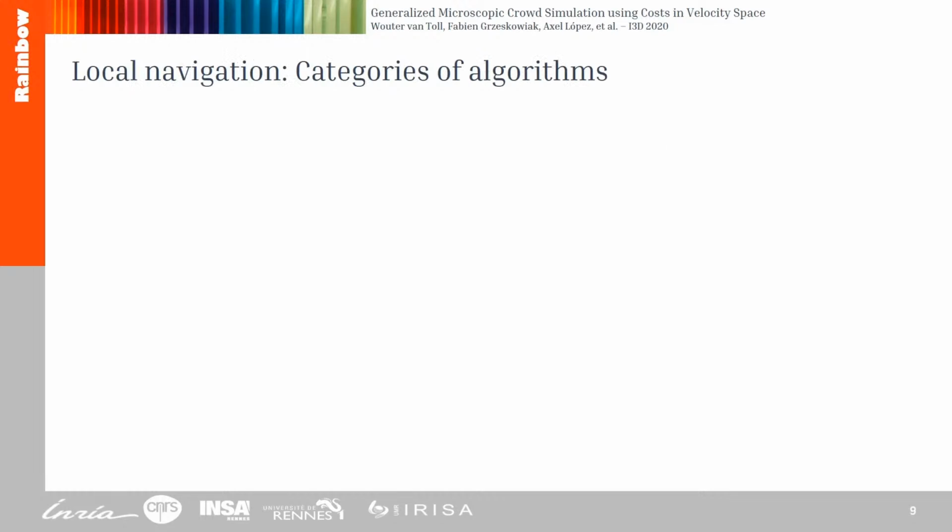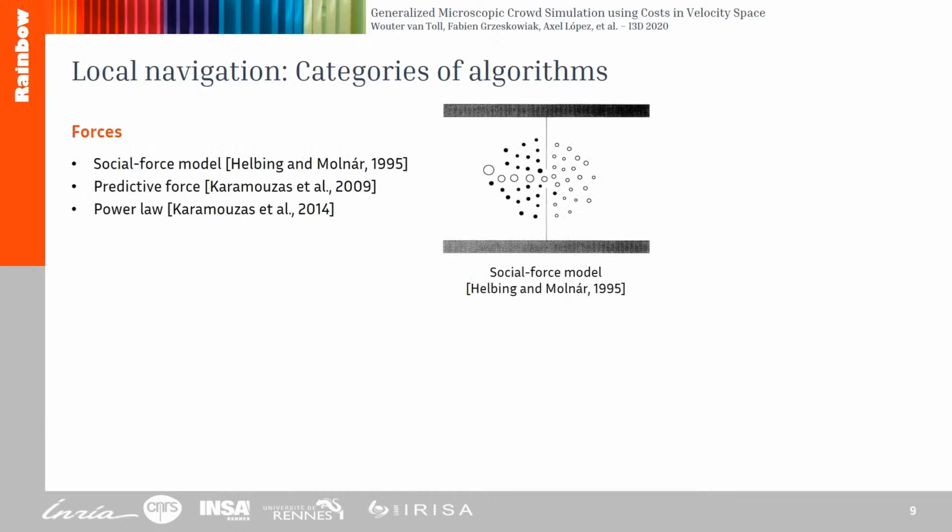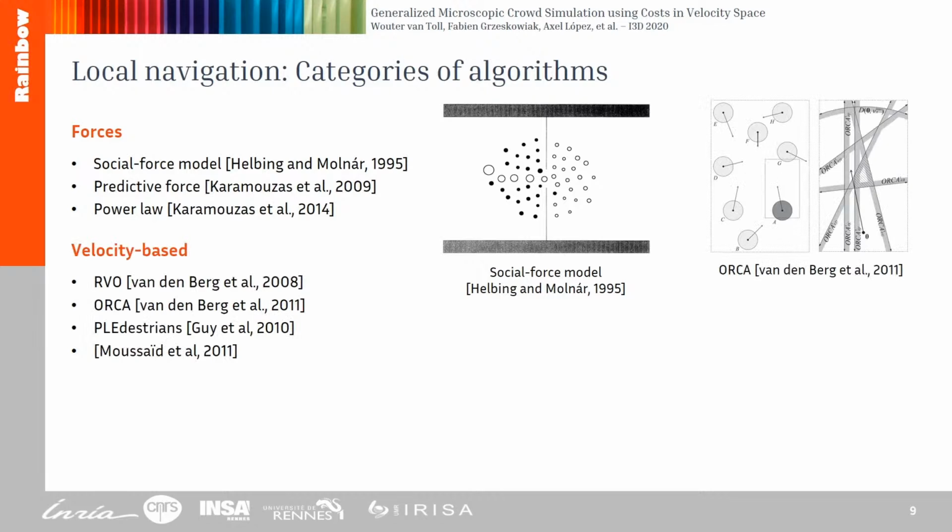As I said earlier, there are many different algorithms for local navigation, but overall they can be categorized as follows. There's one category of algorithms that is based on forces, where you model an agent as a particle that is pushed or pulled around by certain forces. Another category is called velocity-based, where an agent actively looks for a certain velocity to use. So this is more active, whereas the force-based approach is more passive.